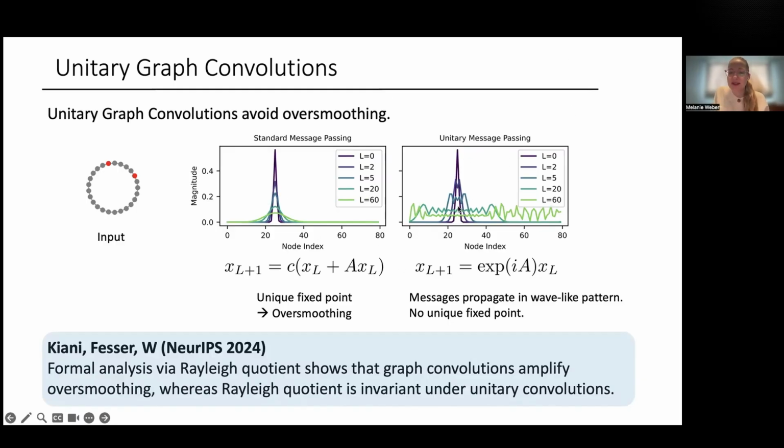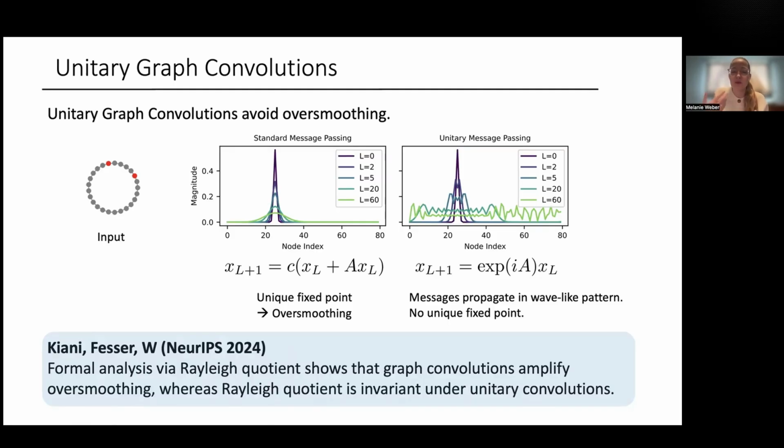This sort of analysis of the representational collapse and the fixed points that emerge in the dynamics is something that can be analyzed with respect to the spectrum of the graph that captures crucial topological and geometric information about the graph. And there is the so-called notion of the Rayleigh quotient that can be used to quantify oversmoothing.